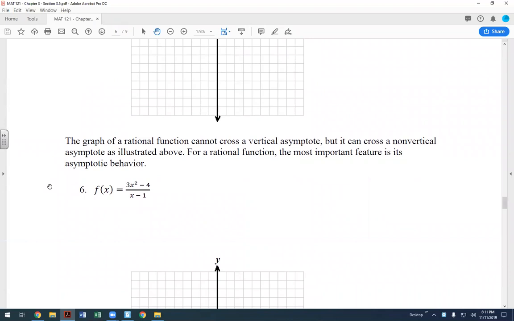Okay, so we are saying the graph of a rational function cannot cross a vertical asymptote, but it can cross a non-vertical asymptote, which means it can cross a horizontal asymptote, it can cross an oblique asymptote, but a graph for a rational function will never cross the vertical.